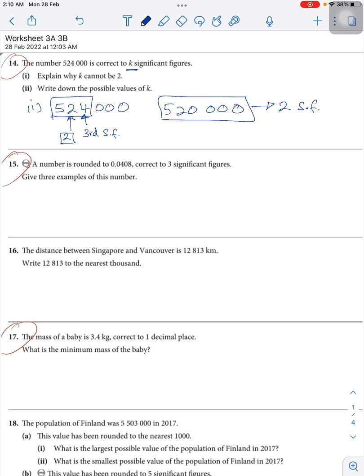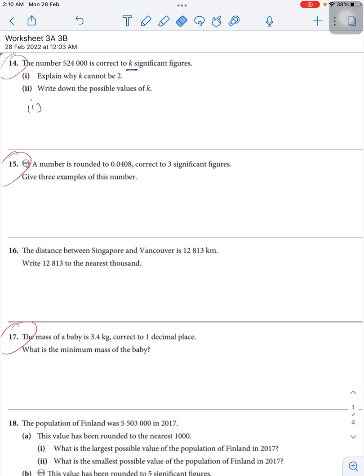So what you need to write down is that 524,000 has at least 3 significant figures. Okay, now part 2, you're asked to write down the possible values of k.